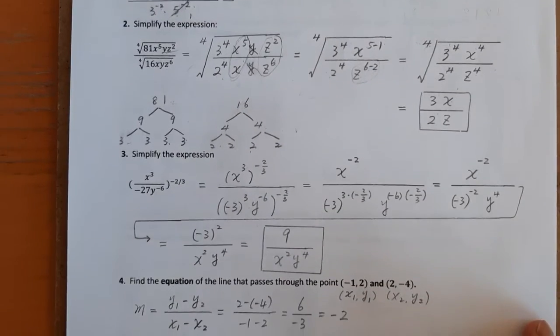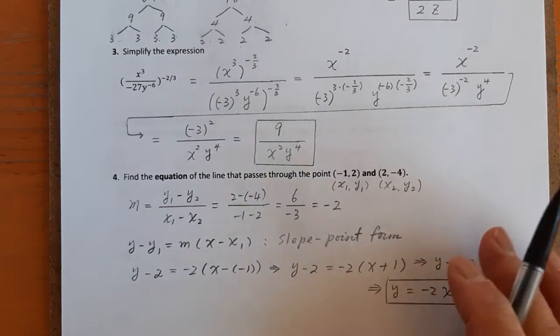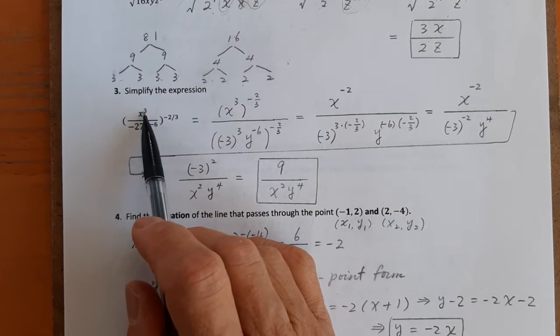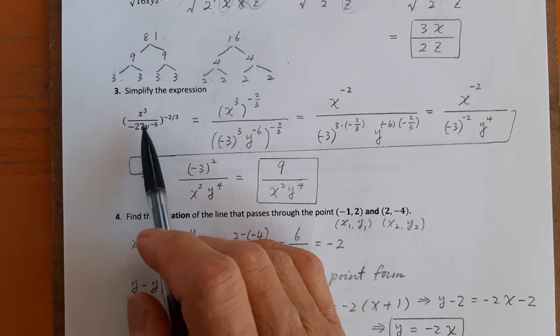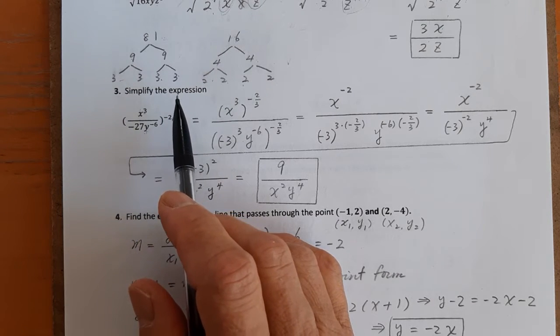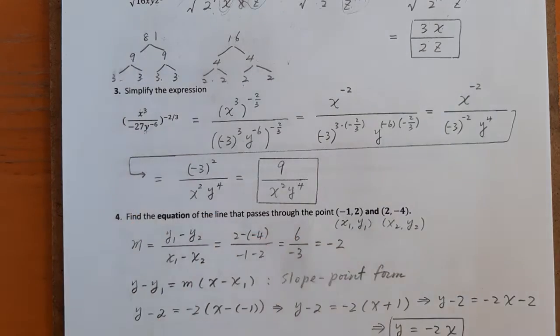And the next question, simplify the expression. Here we have s cubed, and here is a quotient with an exponent. So we will use the power rule of quotient.